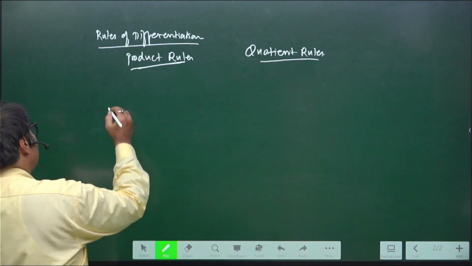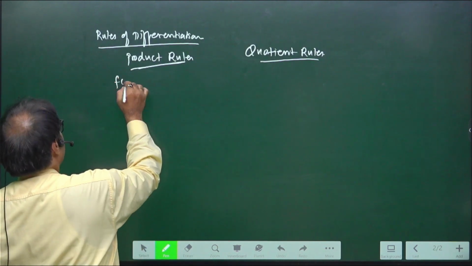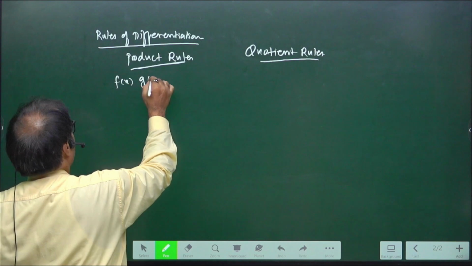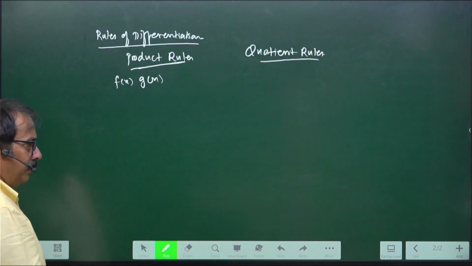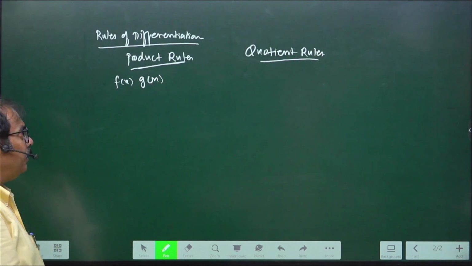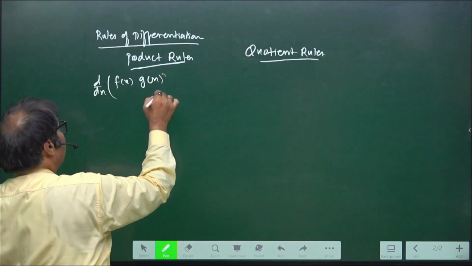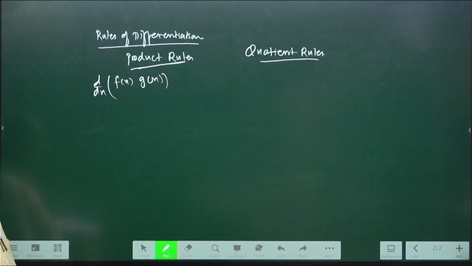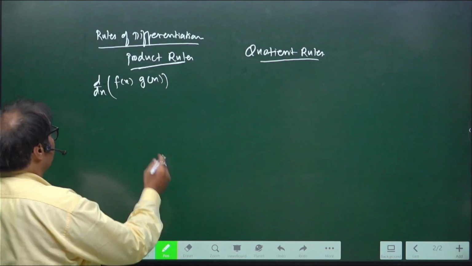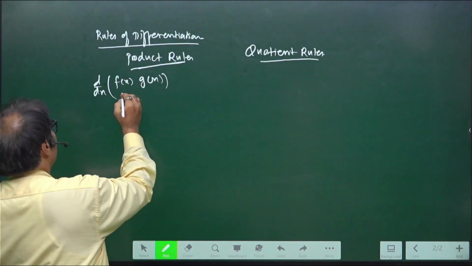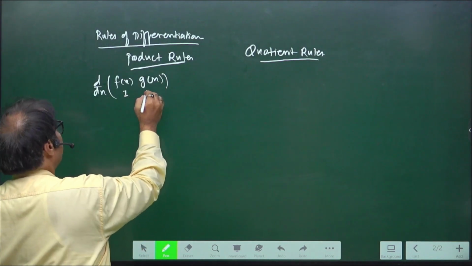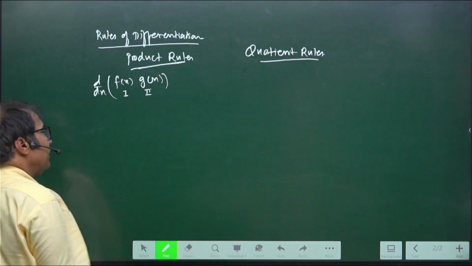In the product rule, let f(x) and g(x) be two functions, and we want d by dx of f(x) into g(x). So put one function as first and the other as second.